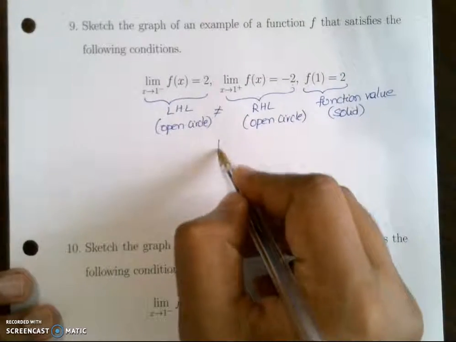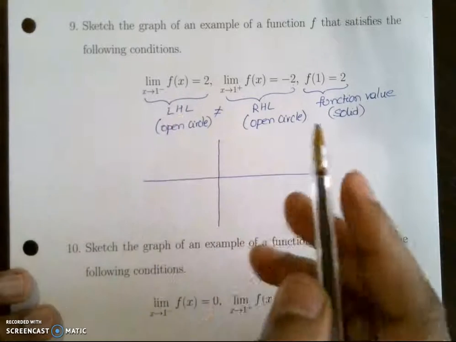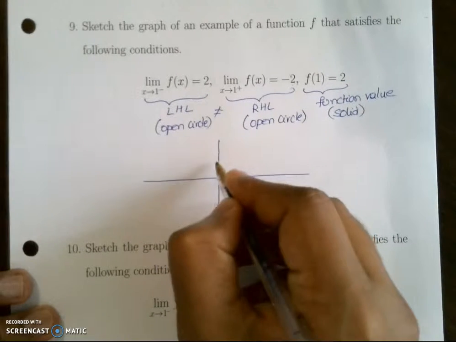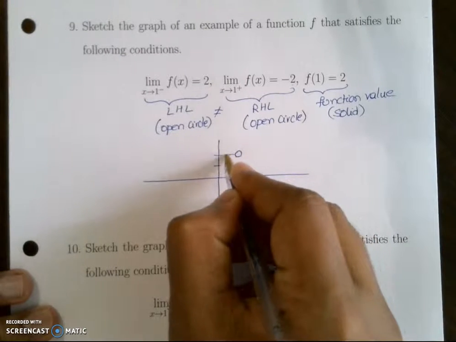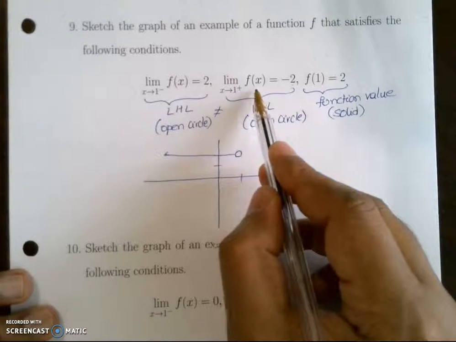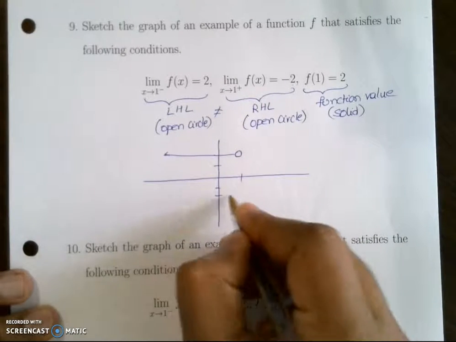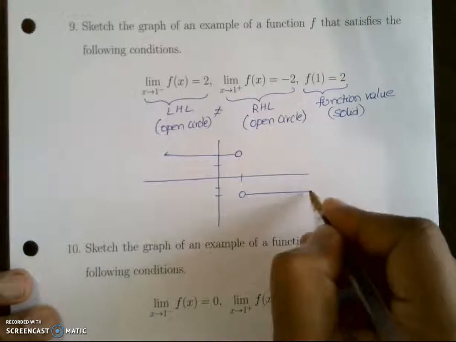the information given here. So the left-hand limit is 2. So as x approaches 1 from the left, the y value approaches 2. So one of the possibilities is you could have a graph like that. And the right-hand limit for the function is -2. So that means the y value approaches -2. So one of the possibilities is like this.